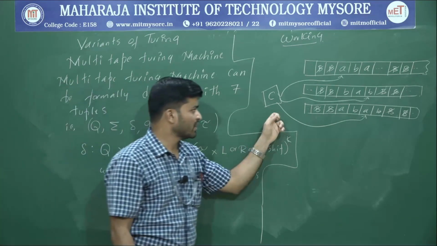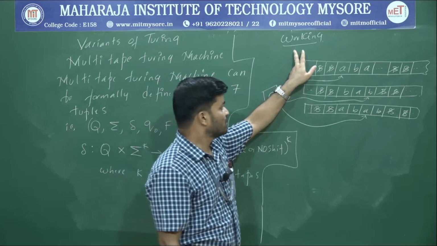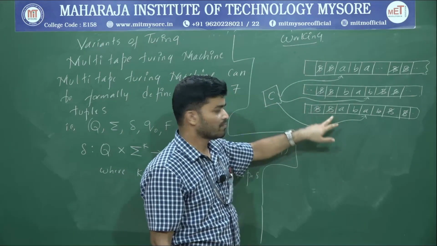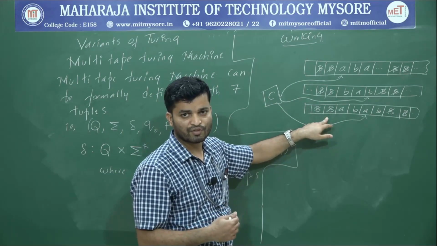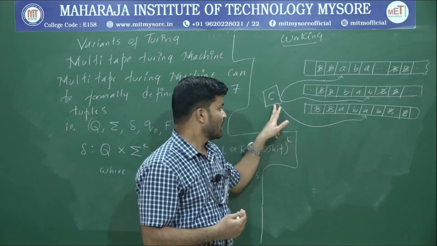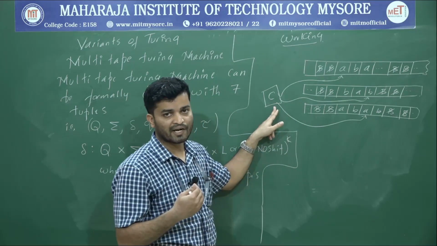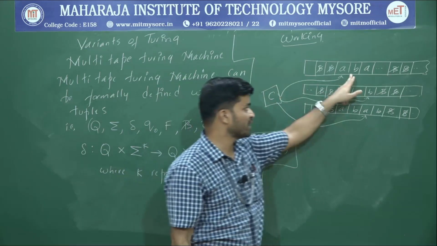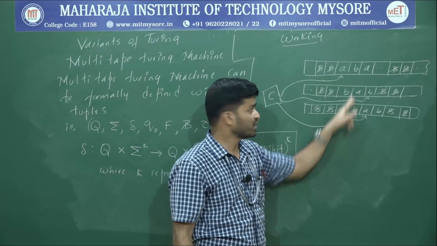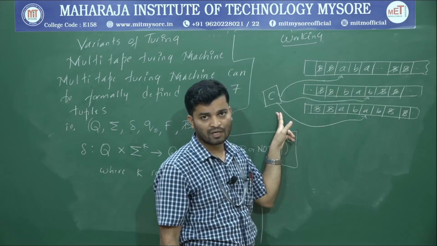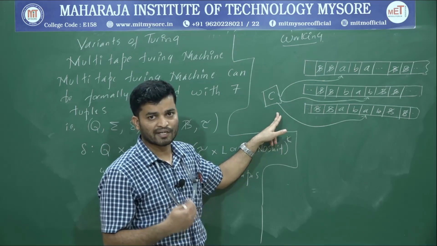Here I have taken a simple example with 3 tapes. Since we have more than one tape, this is called a multi-tape Turing machine, and there will be a separate read-write head or controller for each and every tape. Sometimes we call that a read-write head.